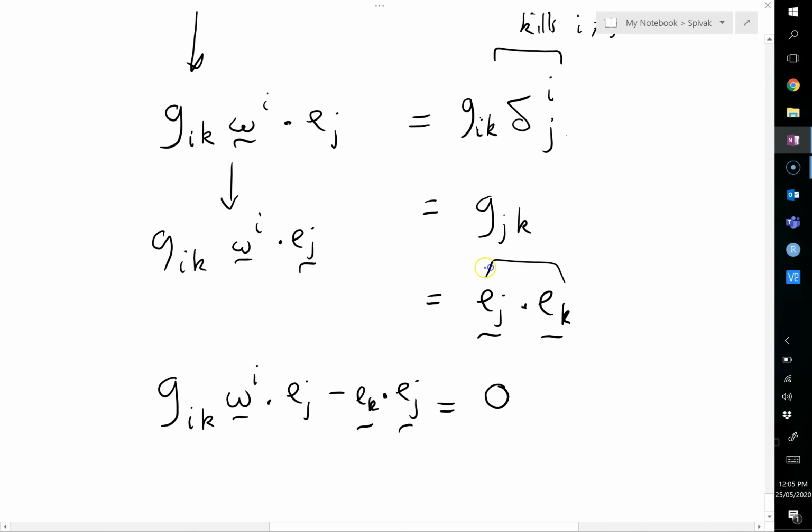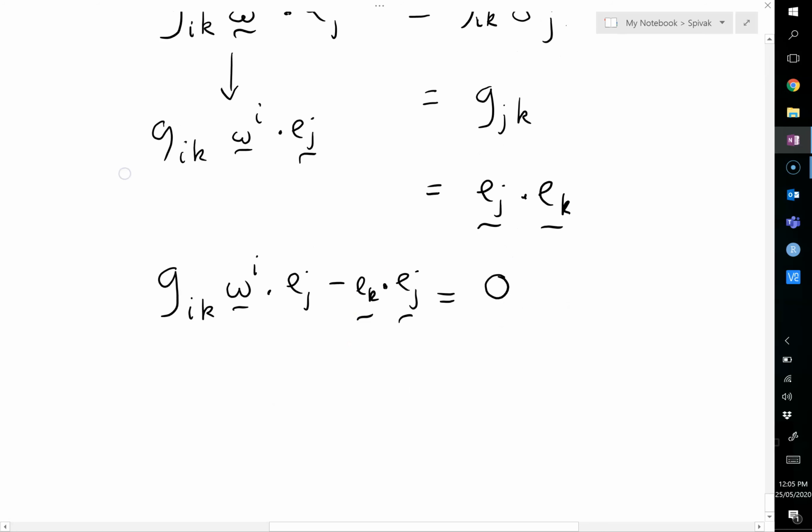All I've done is put the term on the other side and written them the other way around because the dot product is symmetrical. Now I'm going to factorize it: e_j dot (g_jk omega i minus e_k) equals 0.